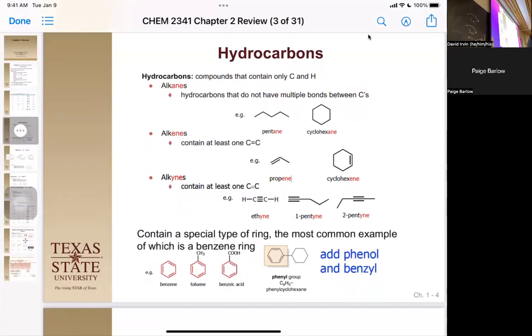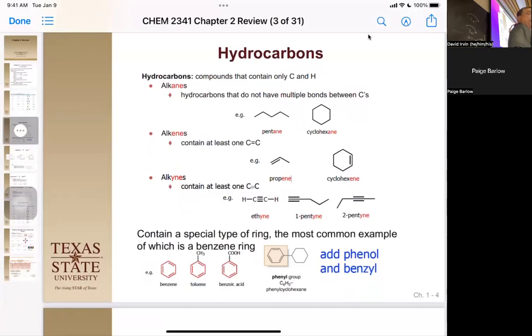Benzylic radicals are very reactive. Benzylic cations are very reactive, very easy to form. So we need to think about our benzylic group, which is this plus a CH2 here. And then we can also have them in our nomenclature as a substituent. So a phenyl group is our substituent.